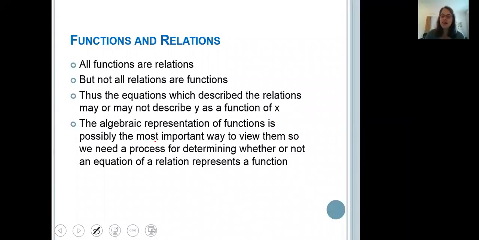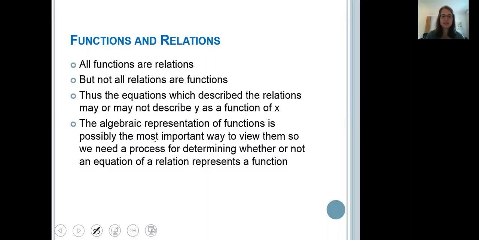All functions are relations in math world, but not all relations are functions. So when we talk about equations, they may or may not describe y as a function of x. We use a special designation that is an algebraic representation of functions.